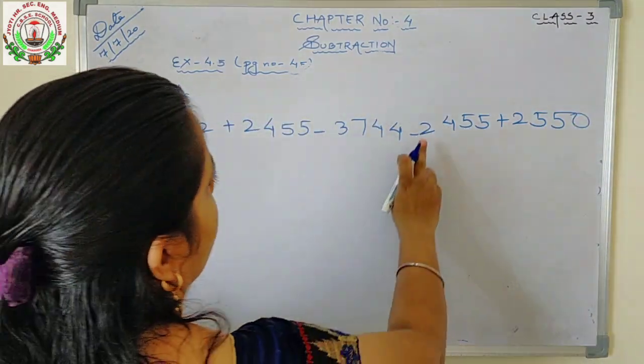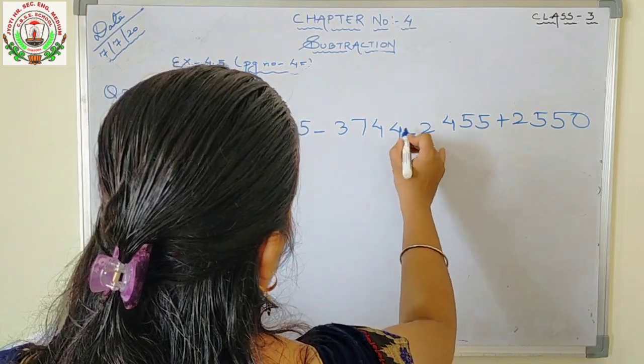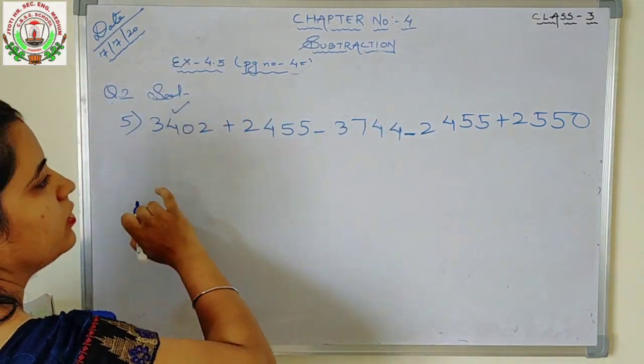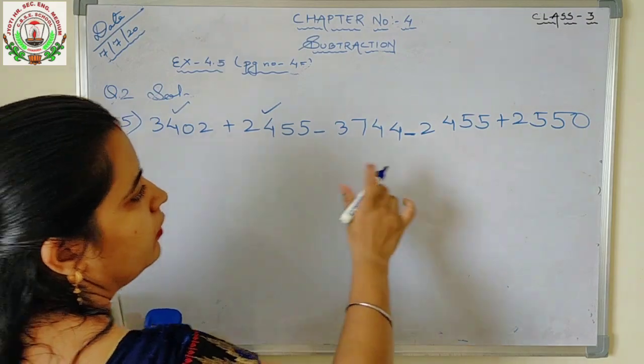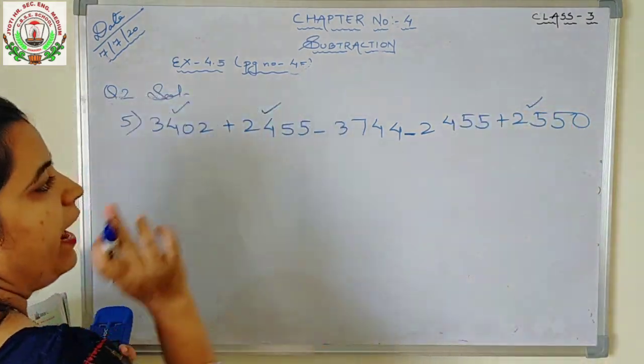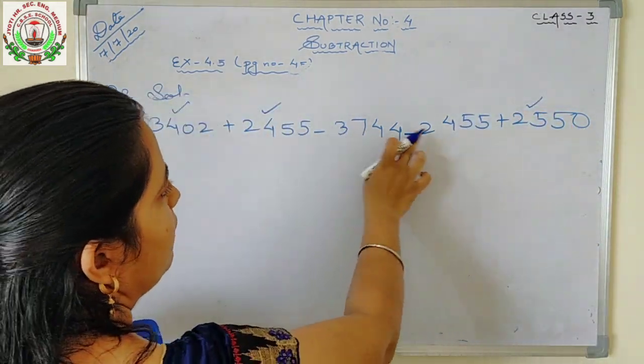Okay. Now first we will find the addition part. This is addition, this is addition, and this is addition. First we will add these three numbers, then we will subtract these two numbers.